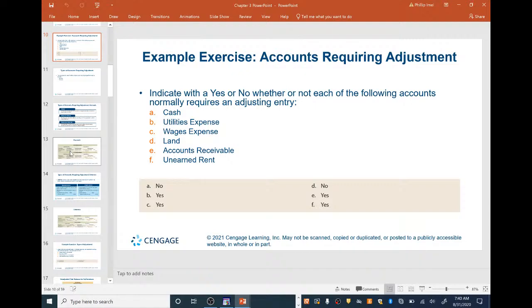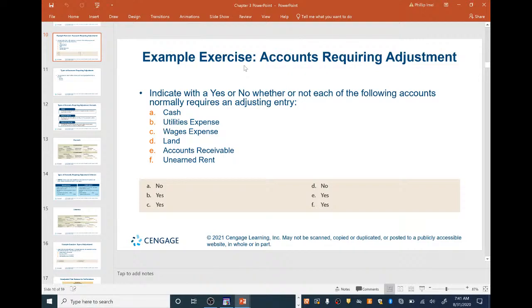Utilities expense. What about utilities expenses? These are going to require an adjustment. Wage expense, same thing. Those are going to require an adjustment because we're usually accruing expenses, remember, in the period in which it matches the revenue. Land. No, land is a fixed asset, and it is a unique fixed asset in the way in which it is carried on the balance sheet because it's carried at historical cost, meaning the price we paid when we purchased it.